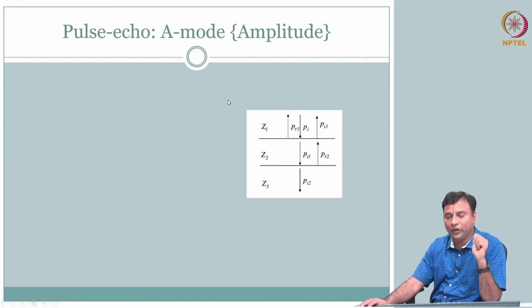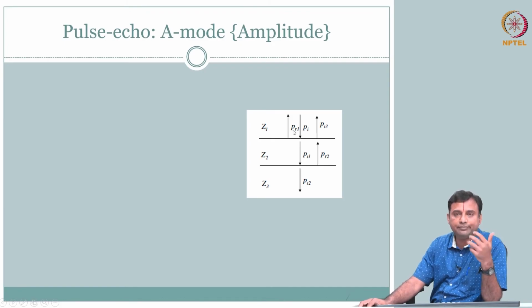I am sending the pulse with some amplitude. It encounters an interface. If you don't have an impedance mismatch, you are not going to get any echo back; the reflection coefficient is 0 if you don't have any interface.